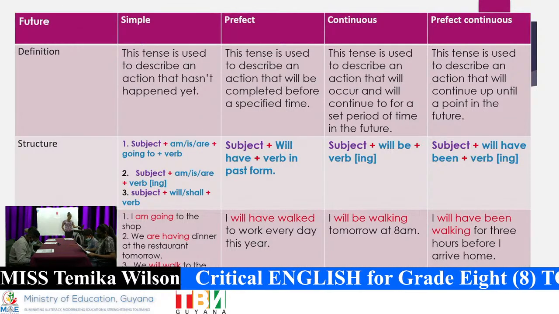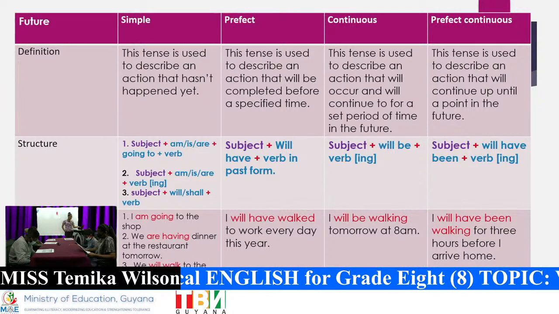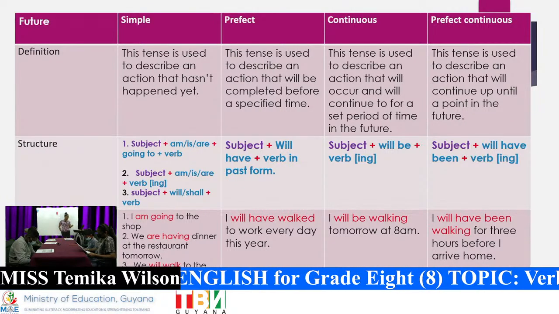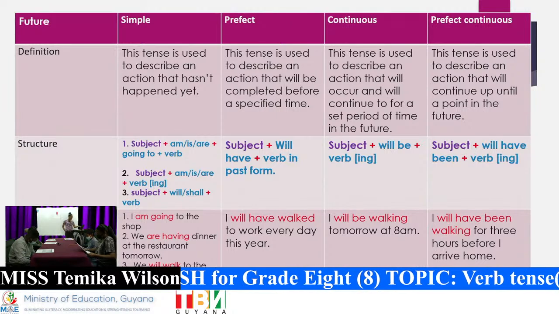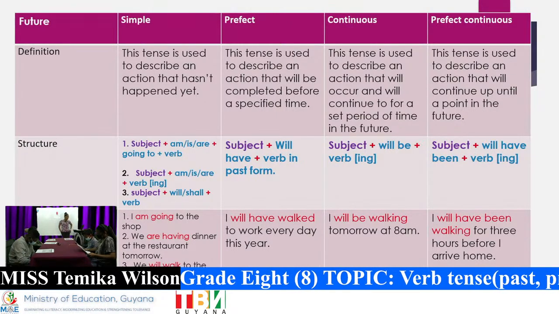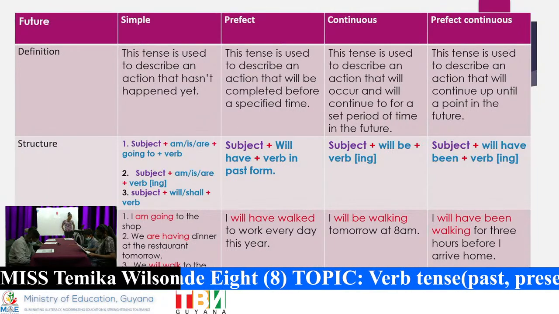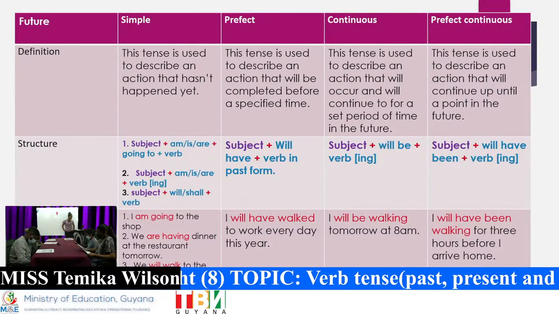We are going to the shop. Good. Next example, we have the next structure: subject plus am, is, or are, plus the verb ending in ing.